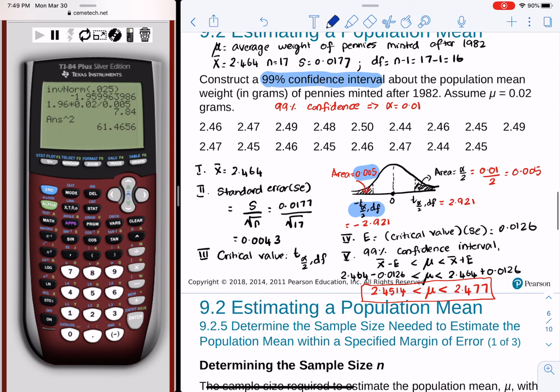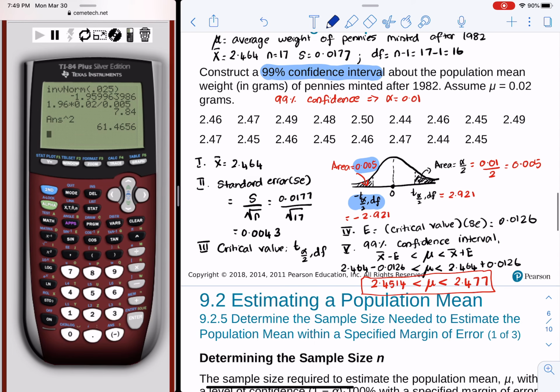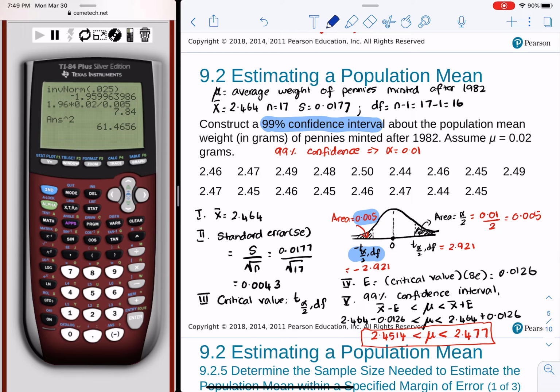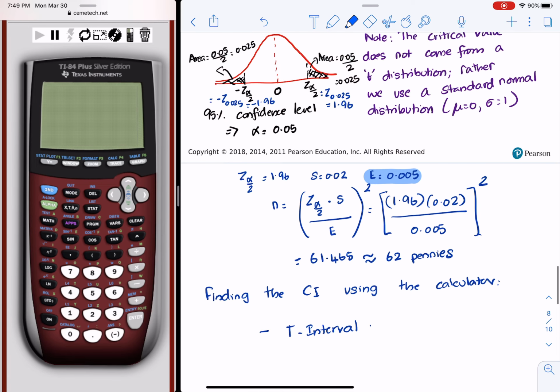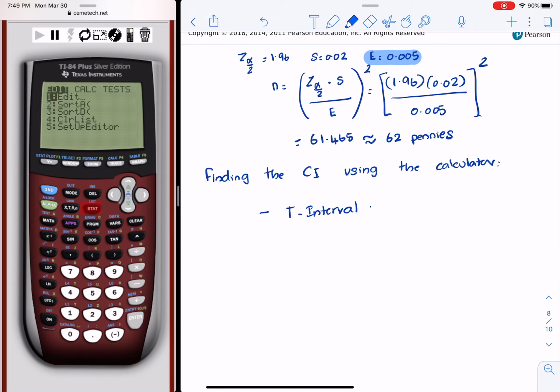So what we did here is we found the mean, the standard deviation, and we went through this 5-step process to find the interval right there, which is that. So now I already have the data in the calculator. I have the data in list 1. So what I'm going to do is I'm going to press stat, over to tests.